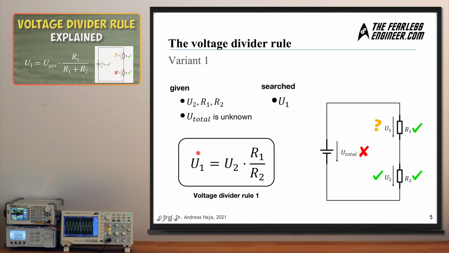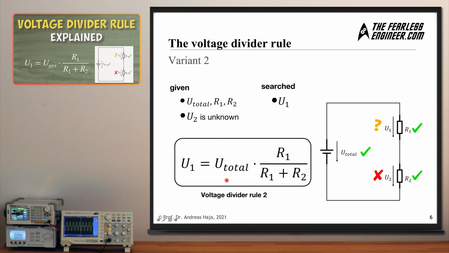So the voltage drop across the first component, U1, is the product of the voltage drop across the second component, U2, which is given, multiplied with the ratio of the two resistance values, R1 divided by R2. You can apply this formula directly, insert the values which might be given to you in an example exercise, and then you can compute the voltage drop across U1 based on this very simple equation.